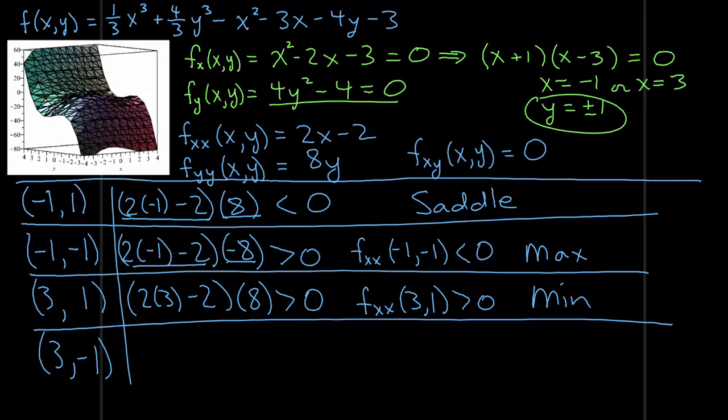Now let's go this way. So here we have 2 times 3 minus 2 times negative 8. Okay, now that's a positive times a negative. That's less than 0. And since you have something less than 0, you know that that's a saddle.